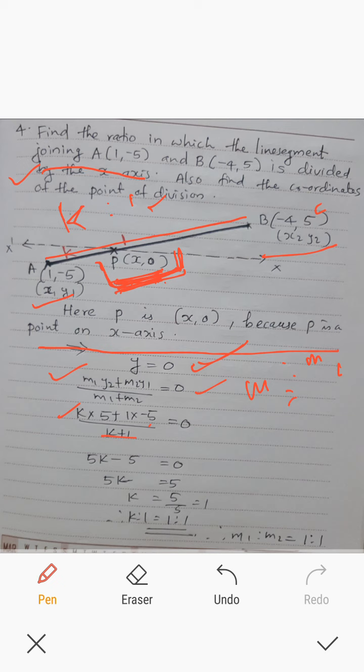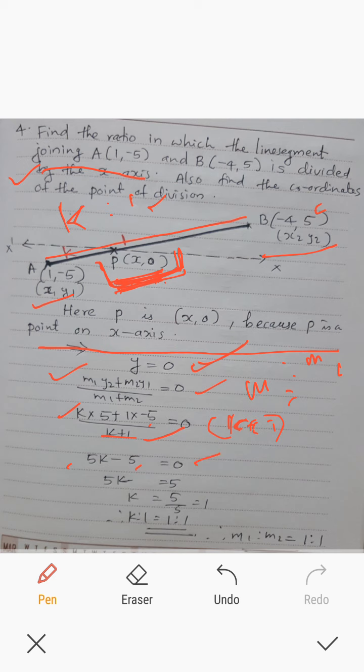So 5 into k is 5k, 1 into minus 5 is minus 5, equal to 0. Where is k plus 1? Transposing, k plus 1 is multiplied with 0, so 0 into (k plus 1) is 0.